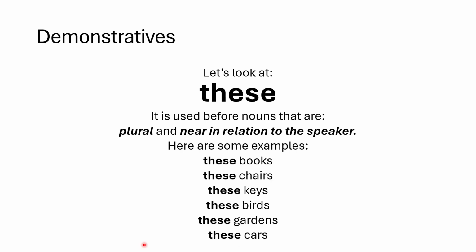Let's look at these. It is used before nouns that are plural and near in relation to the speaker. I will read these examples. I will pause. When I pause, you repeat the words. These books.